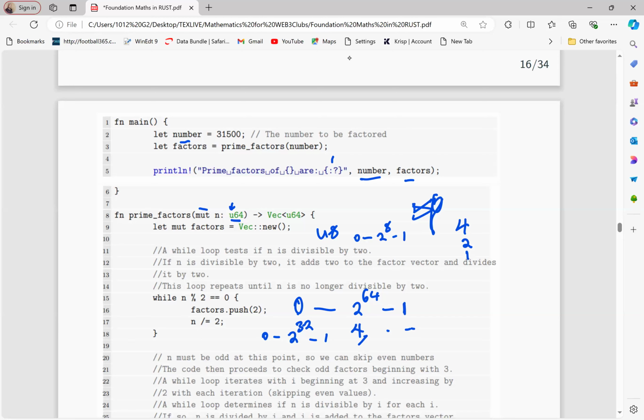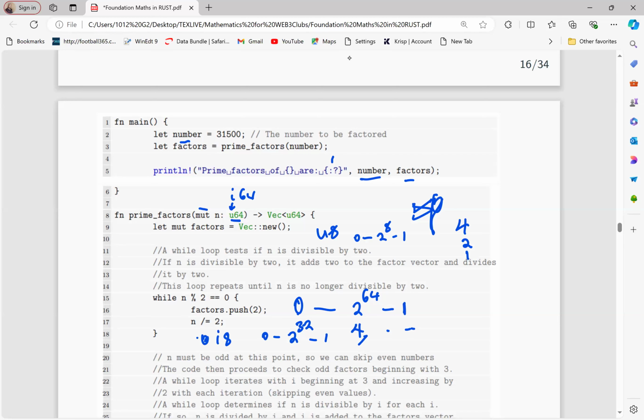But I said you can also use I64, which means the range will have to be shared. For instance, supposing it's I8. If it was U8, the range of numbers we'd be handling would be 0 to this.